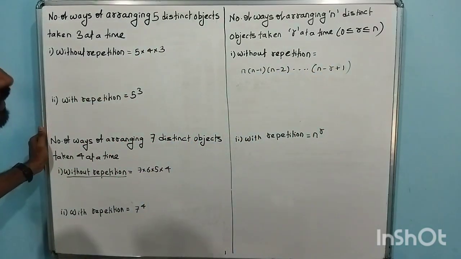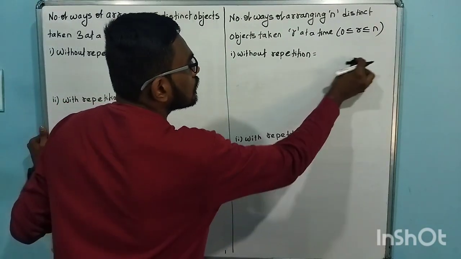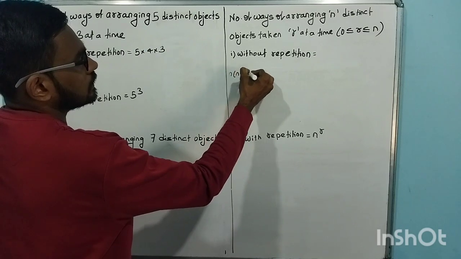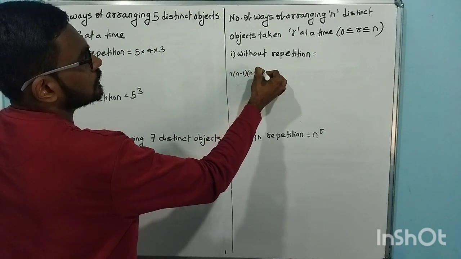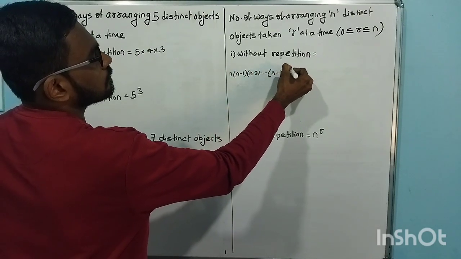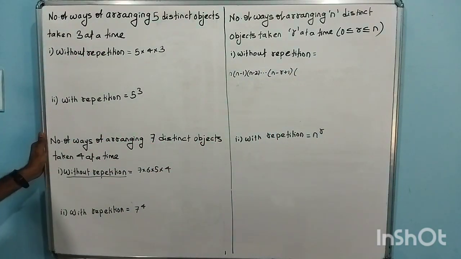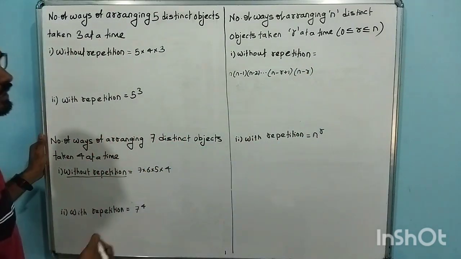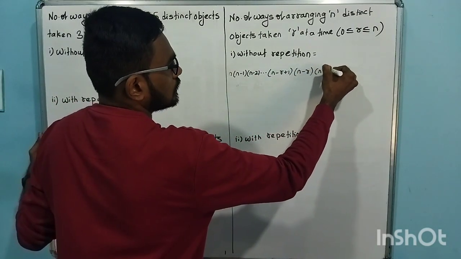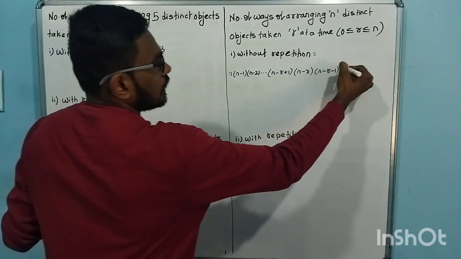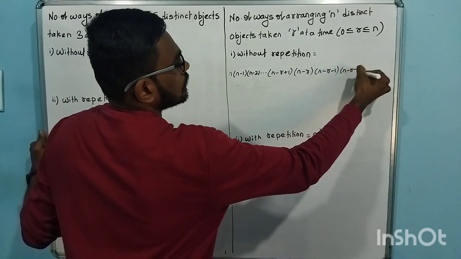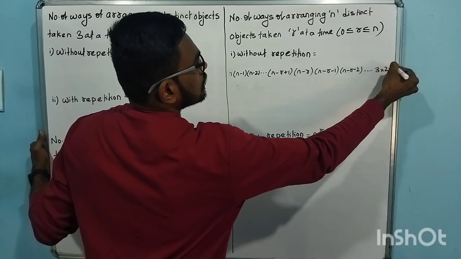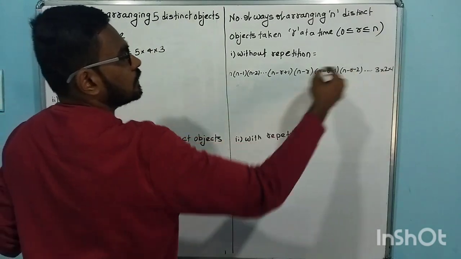So I have n, n minus 1, n minus 2, and so on, n minus r plus 1. What else do we need there? Next will be n minus r, then n minus r minus 1, then n minus r minus 2, and so on, continuing till 3, 2, 1.